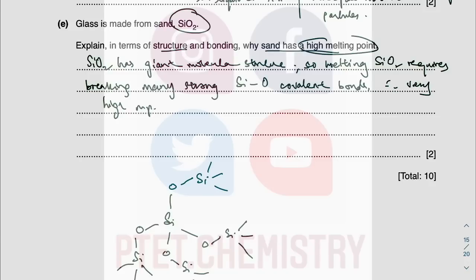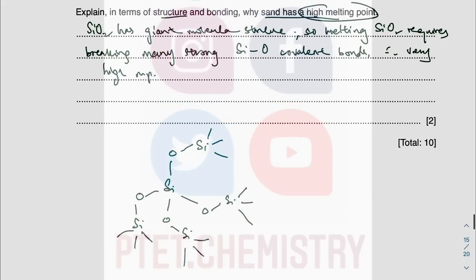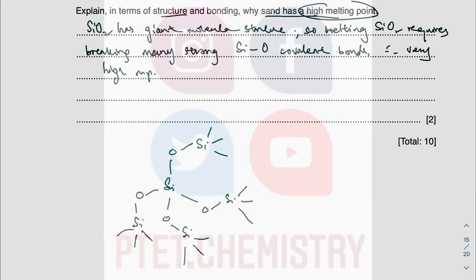So melting a giant molecular structure means you have to break each and every one of these silicon-oxygen covalent bonds. That requires a lot of energy. Requires breaking many strong covalent bonds, which need a lot of energy. Therefore, very high melting point.